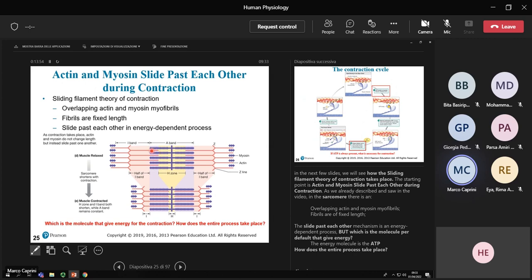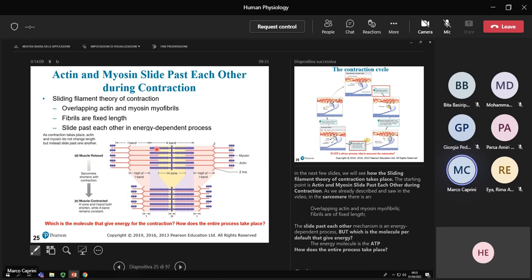The starting point is actin in red here and myosin in violet here, which slide past each other during the contraction.